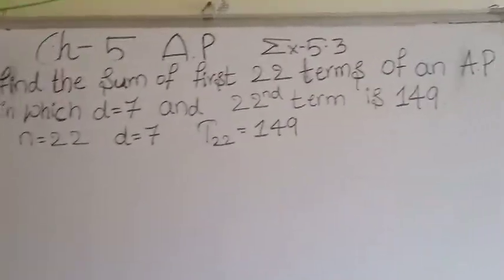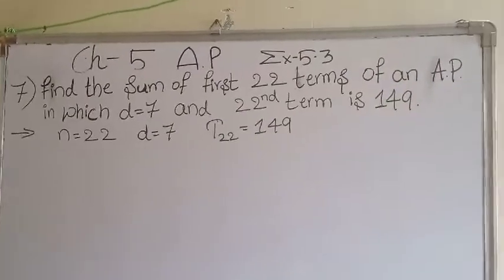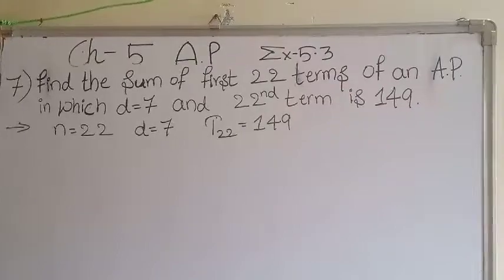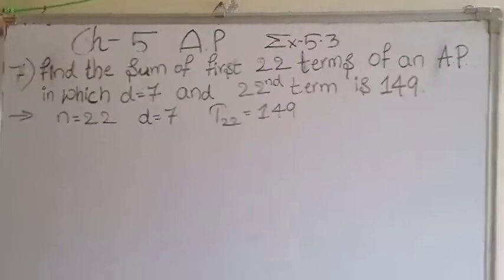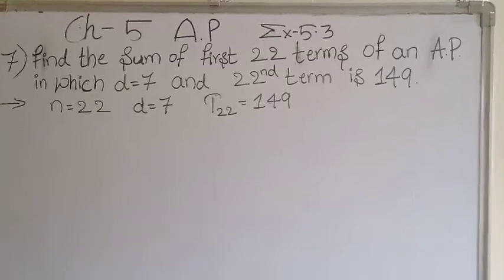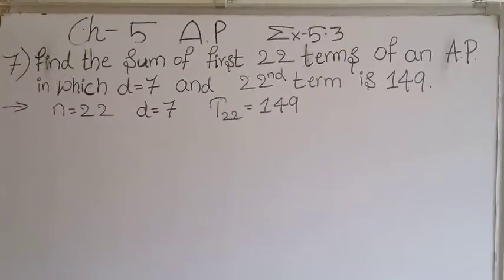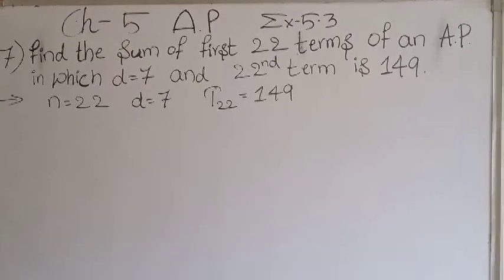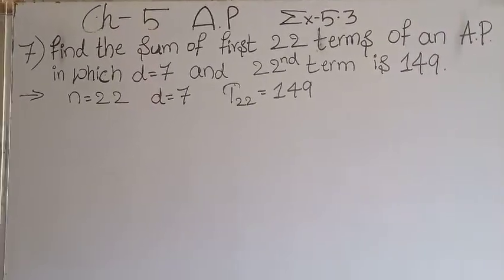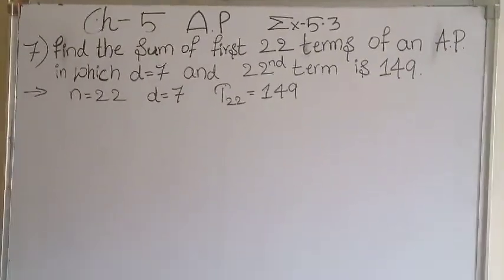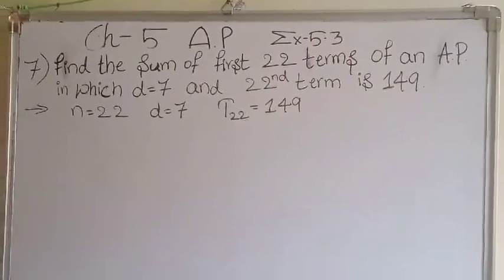Hello, we'll continue with this problem. Find the sum of first 22 terms. We just have to find the sum of 22 terms of an AP in which D equals 7 and the 22nd term is 149. T22 is given, and n equals 22. Here the A value is not there.